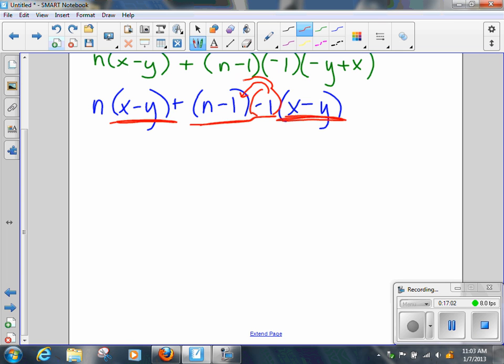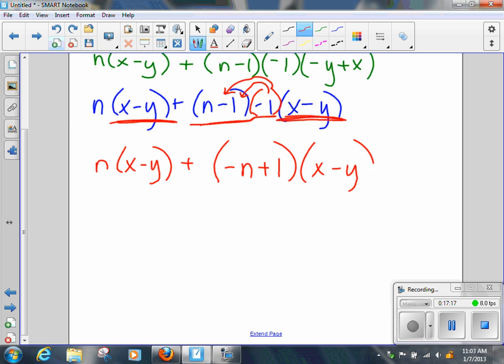I'm going to distribute this first, okay? That's going to give me negative n plus 1 times that. Y'all with me? All I did was distribute the part that I underlined with a squiggle mark. Now, GCF.